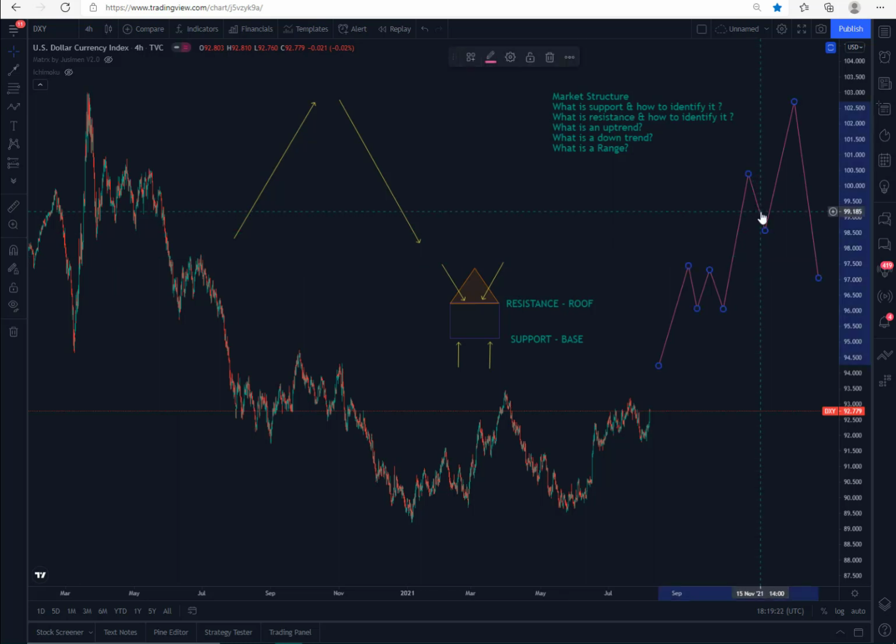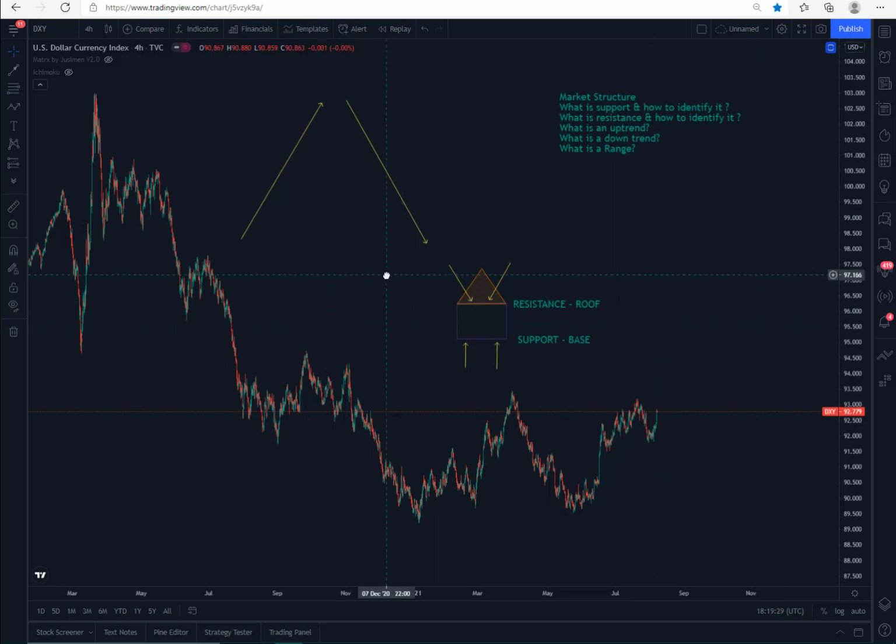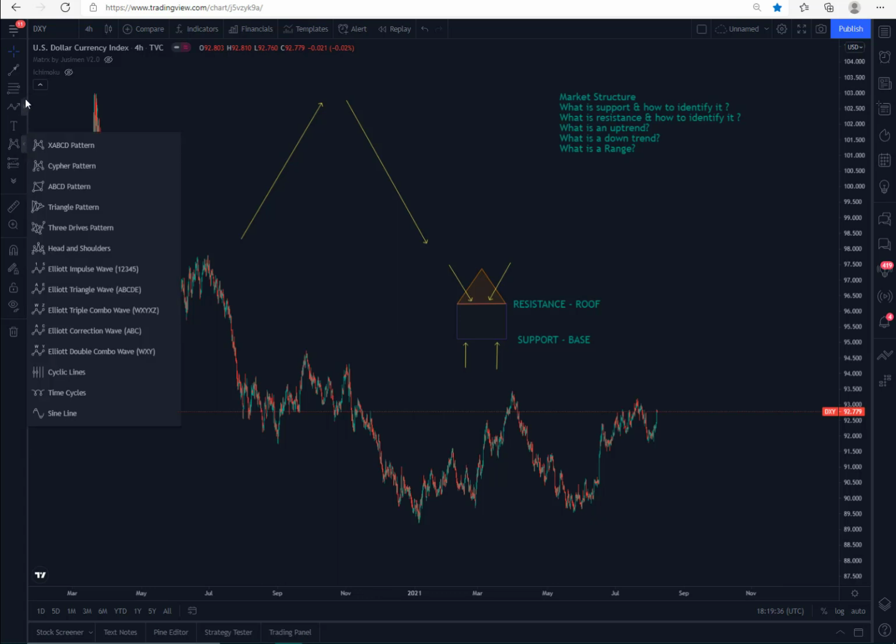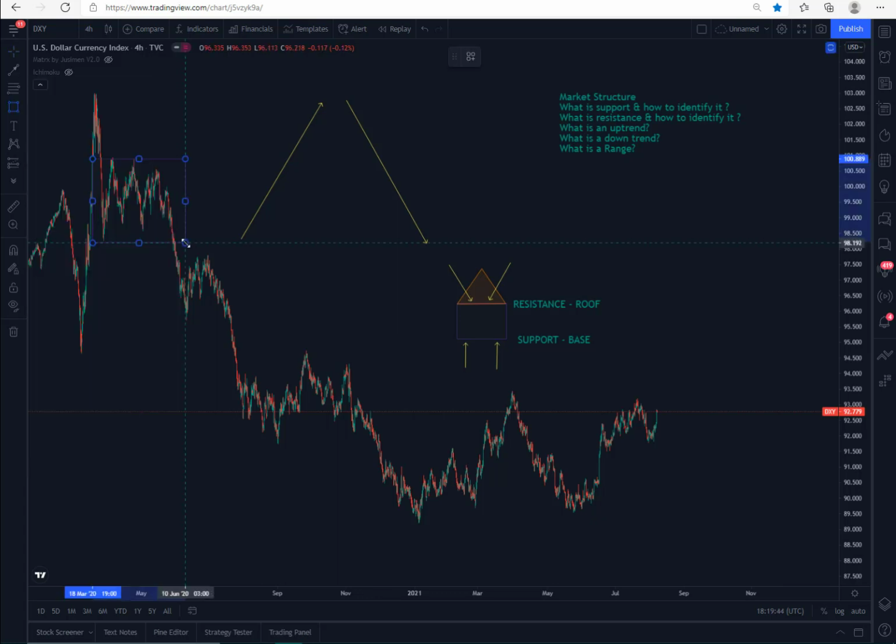All right, good. So in this chart I'm going to explain what is a downtrend, an uptrend, and a range. Let's identify this area as a range. And why do I say so? I say so simply because price was moving within this price range for a while.